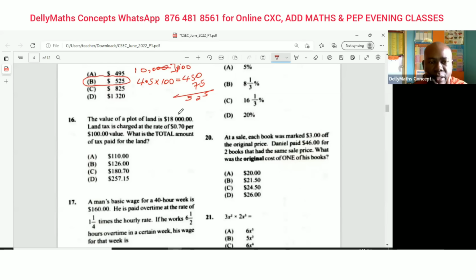The value of a plot of land is 18,000. Land tax is charged at 70 cents per 100. All right, so we want to know the total land tax. First you need to know how many hundreds you can get out of that, because it's 70 cents per 100. So we are actually getting 180. So you're going to multiply this by 70 cents.